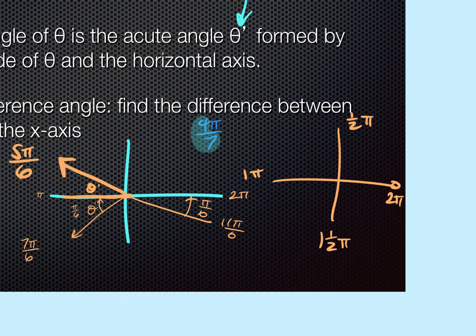And 4 is just a little bit bigger than that, so it puts it here. So that's in the second quadrant. Everything is relative to the half pis. And if I wanted to know what the reference angle is, I would do pi minus 4 pi over 7. That's how you find the reference angle if it's not a special angle. Figure out what quadrant it's in, and then take that angle and find the distance from it to the x-axis.